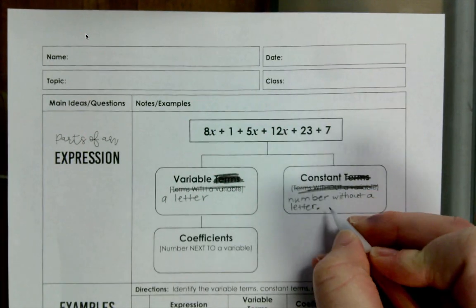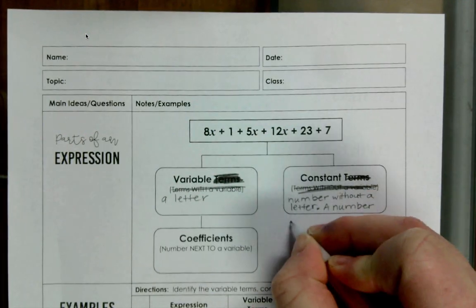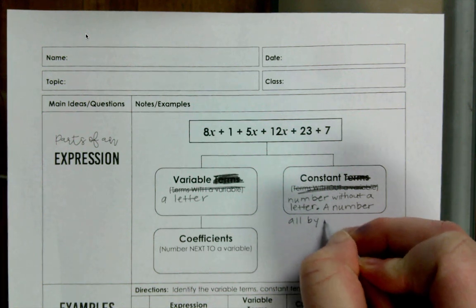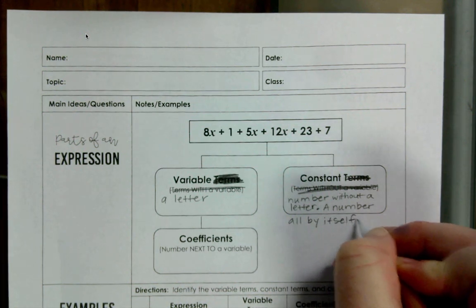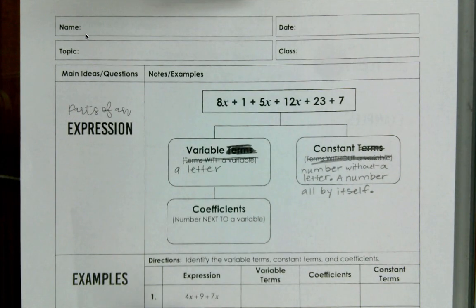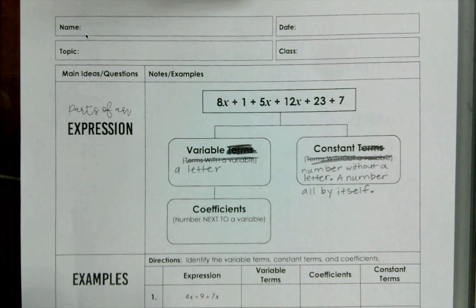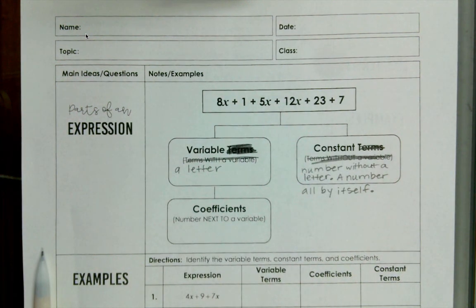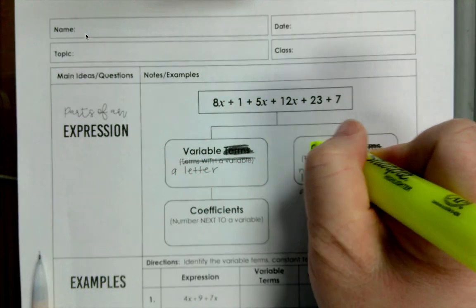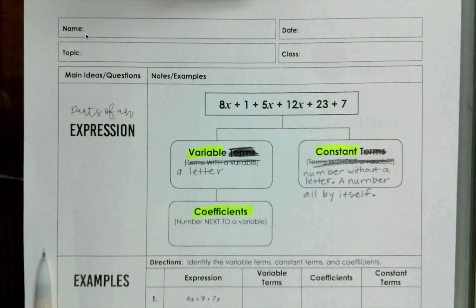Okay, so a number all by itself. Okay? But a coefficient is a number next to a variable. We don't have to change anything because that's exactly what it is. So I'm a constant, our variable, and our coefficient. Okay?